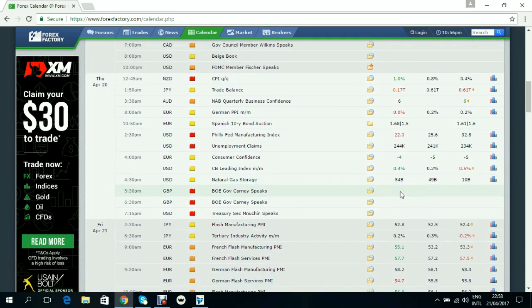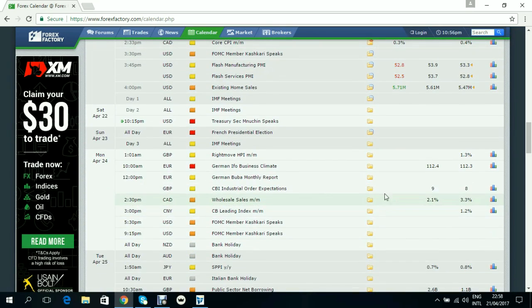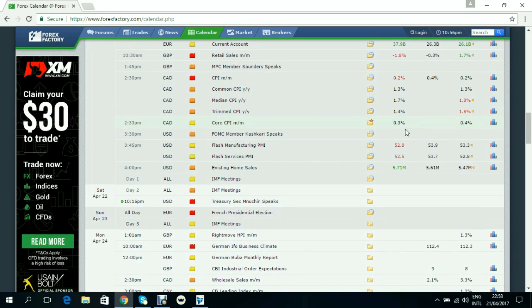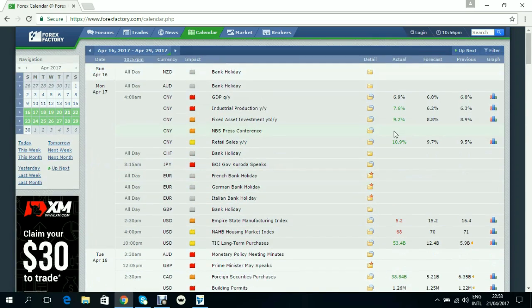This data is fundamental. So when we say fundamental analysis, what it means is that we are looking at a previous data that was released against the forecast and the actual that is released, so basically this is what we use.